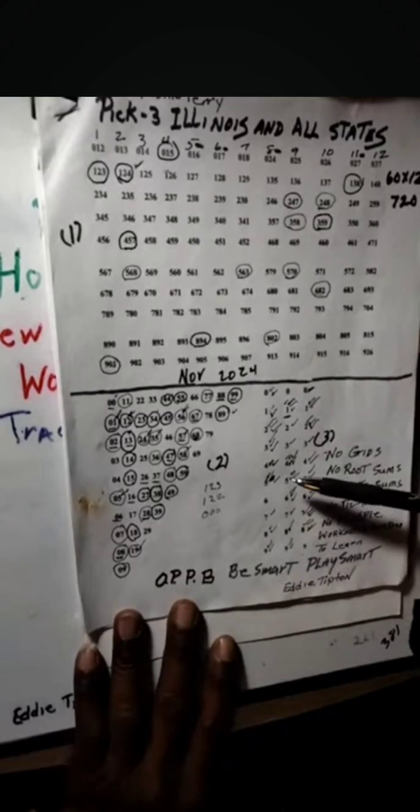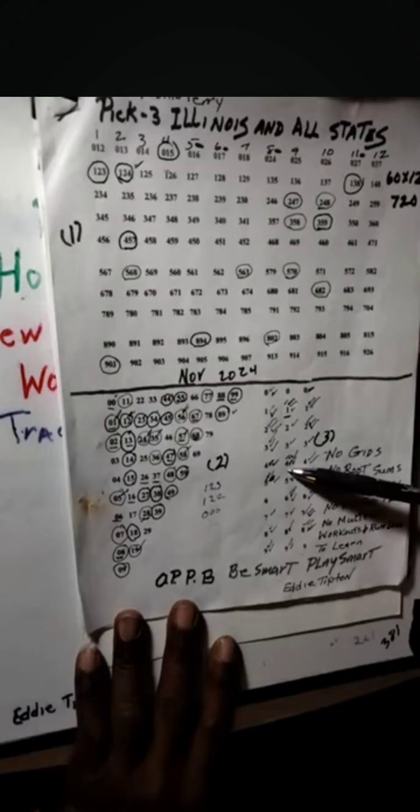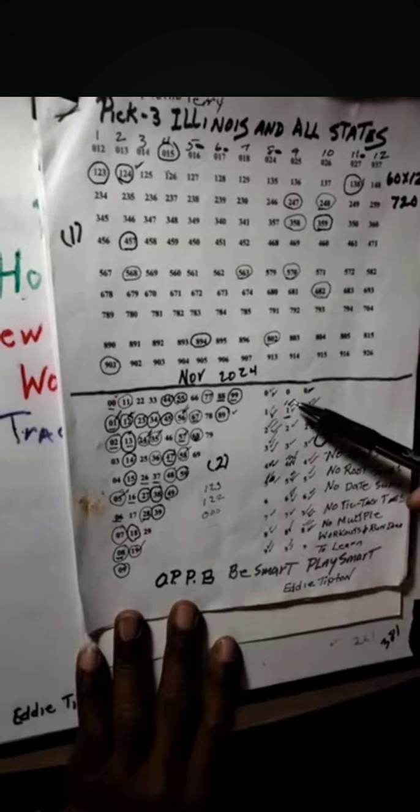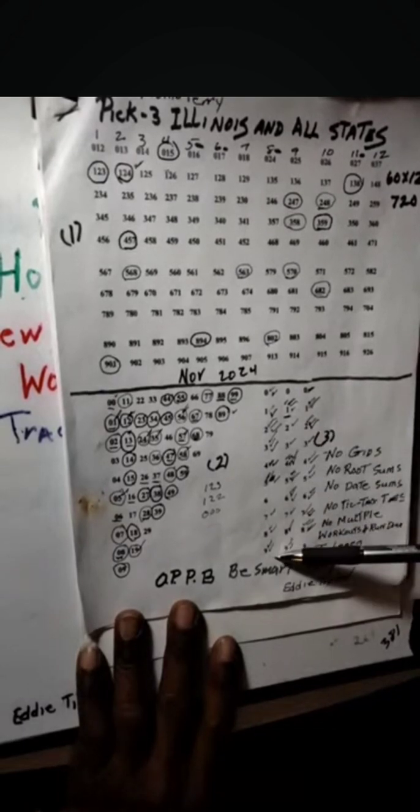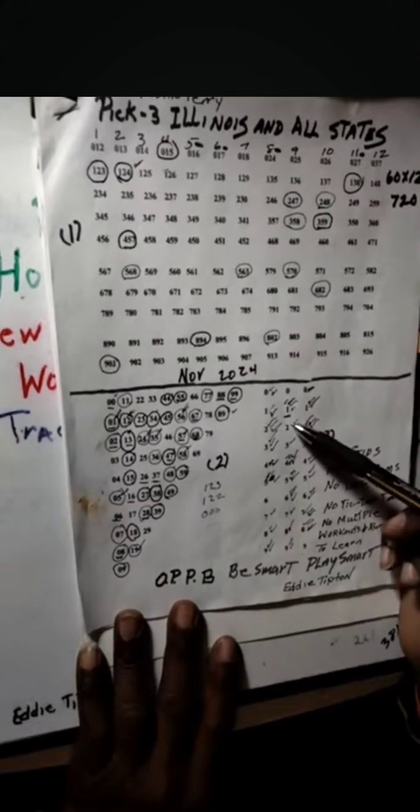So what I did is I took 3 columns from 0 to 9, okay?